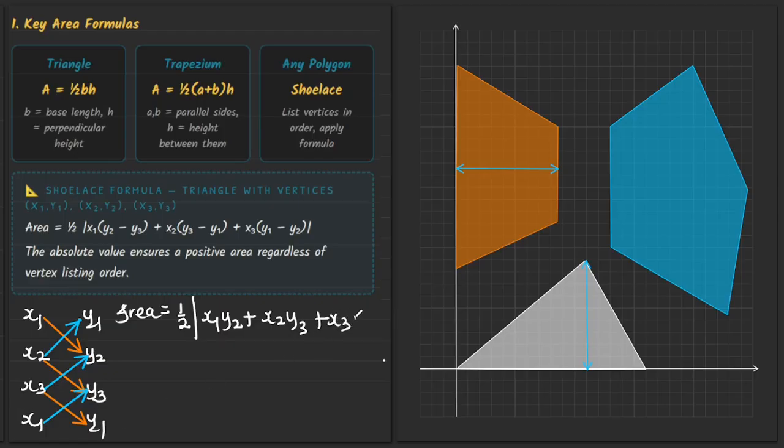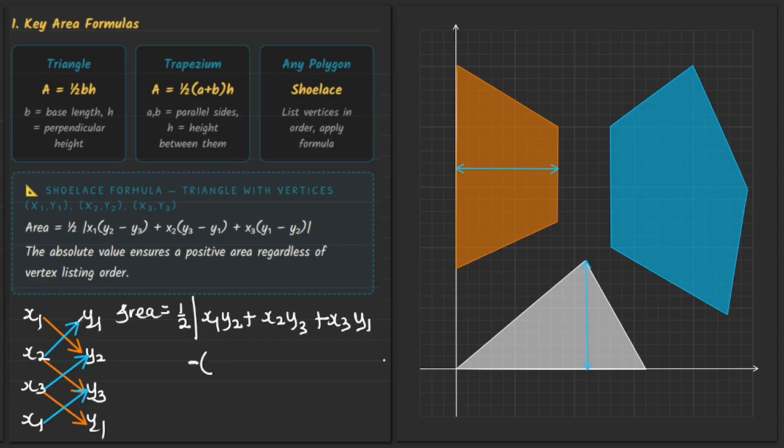If you are done with all these plus, and you are now going to do those in the blue lines, that is the reverse order, it is now going to be a minus. So minus into bracket.